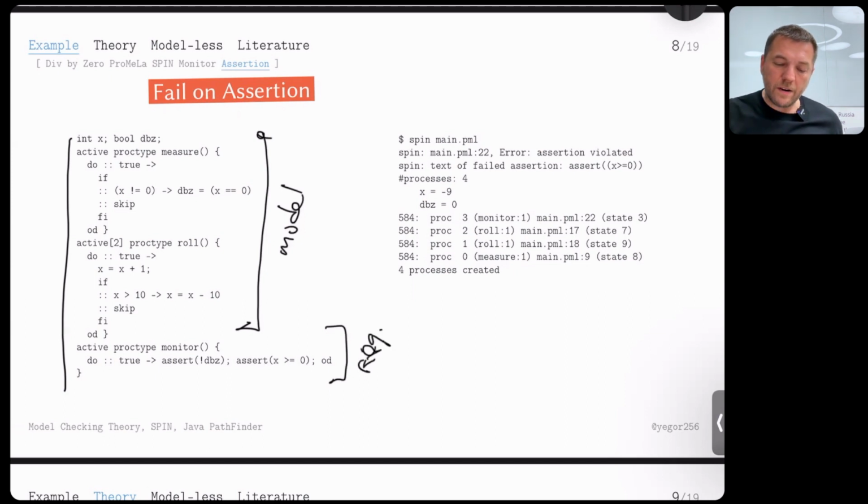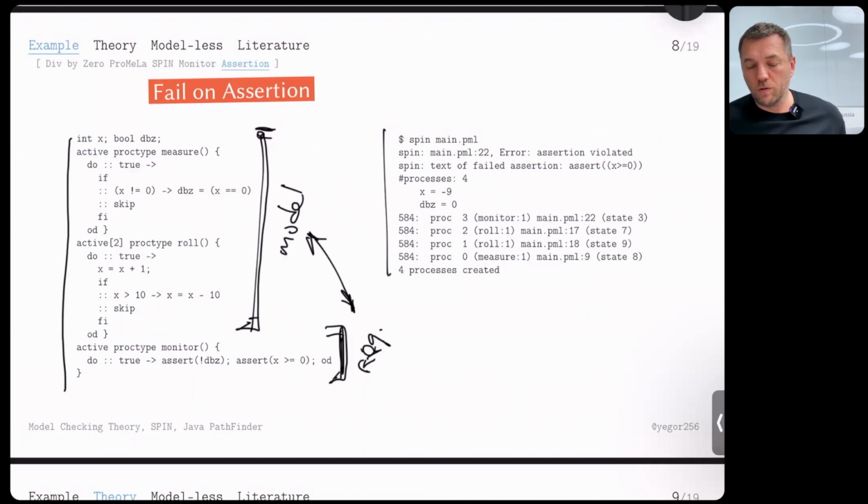So we require the model to behave this way. And now we go to the spin tool, the model checking tool, and say, could you please confirm that the model goes along with the requirements, so they match each other. The tool will tell us if we did the right model, and if we wrote the right requirements, if we did the right job here and there, then the tool will give us the output, which looks like this in my case.